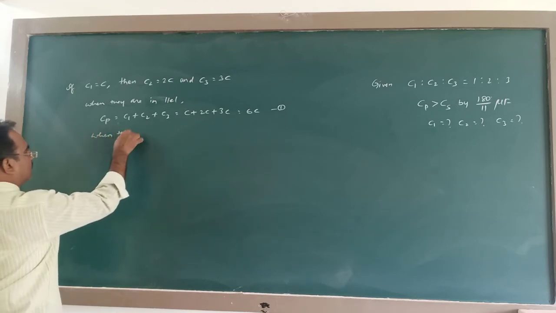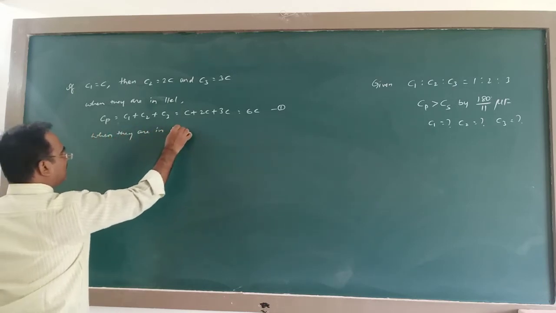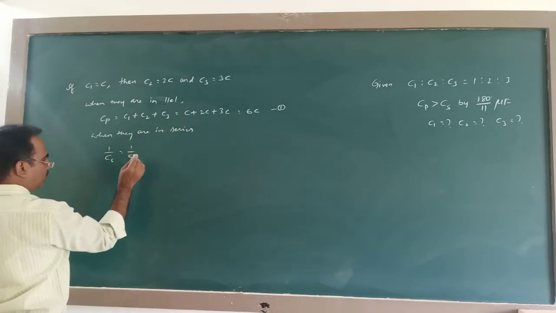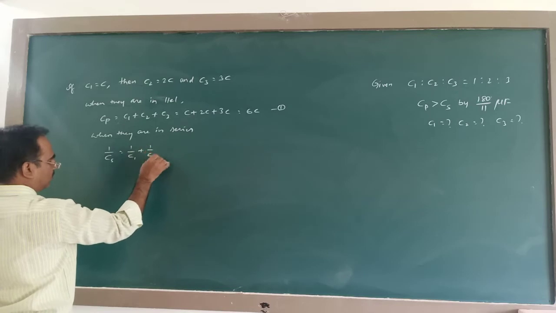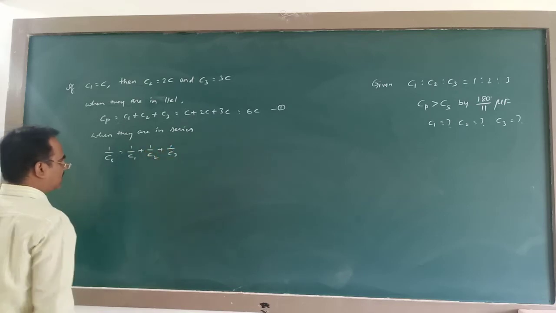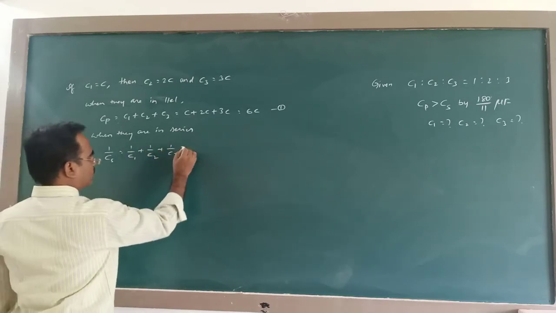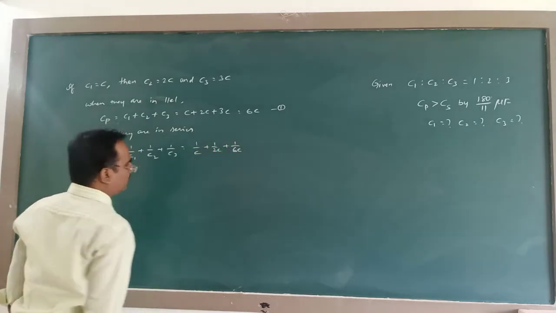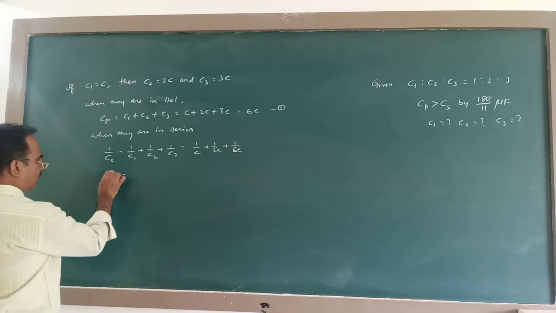Next, when they are in series, 1 by CS is equal to 1 by C1 plus 1 by C2 plus 1 by C3. So this is 1 by C plus 1 by 2C plus 1 by 3C.